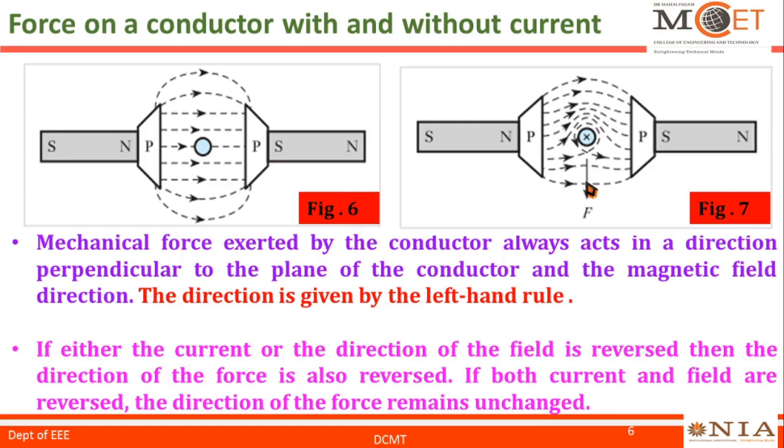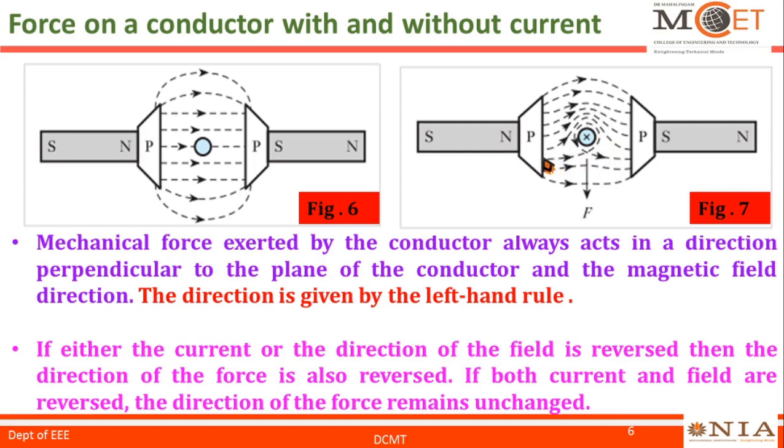In case of figure 7, the conductor carries the departing current, and we know this produces a clockwise direction of flux. On the top side of the conductor, the flux lines are added together and strengthened, and at the bottom the flux lines are opposite.